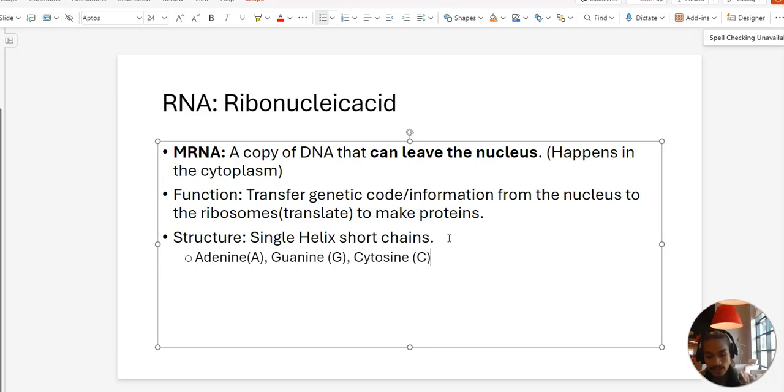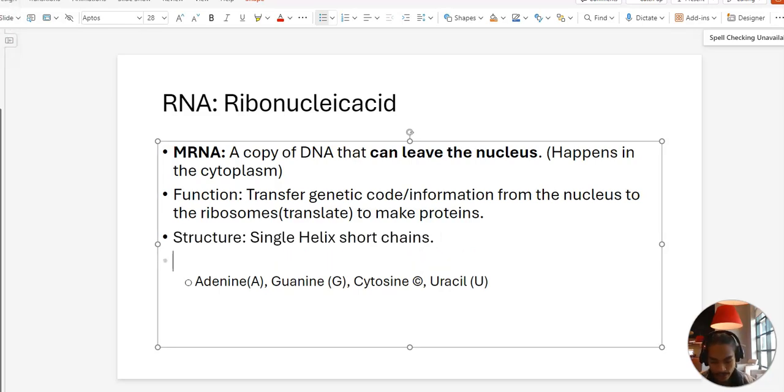Instead, though, we're going to have one difference. Uracil. Uracil is the different nucleotide compared to DNA. So instead of thymine, we're going to have uracil. So these are the nucleotides for RNA.